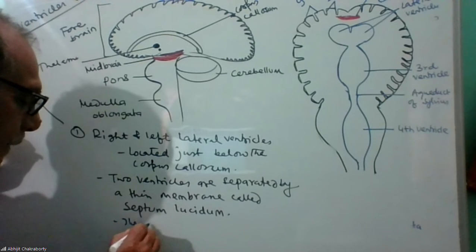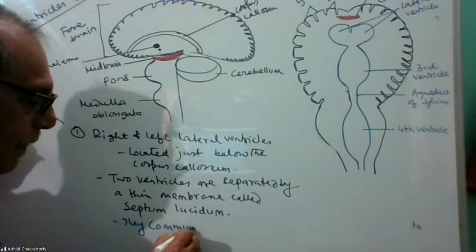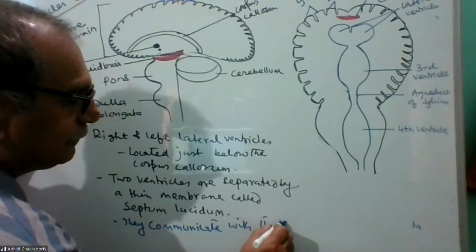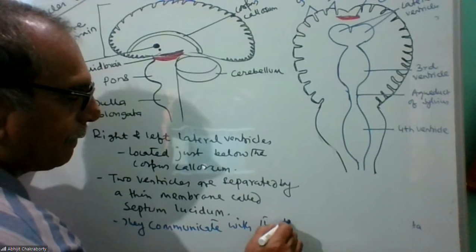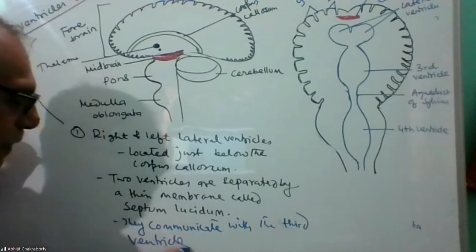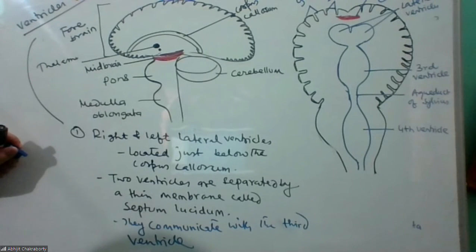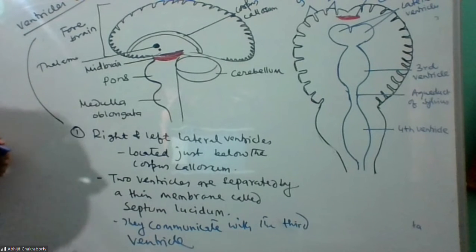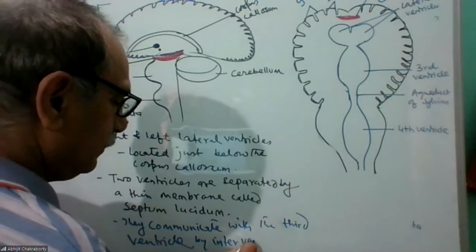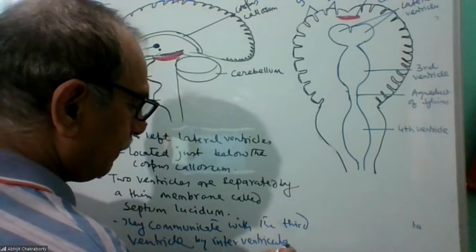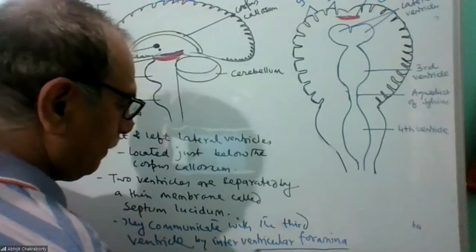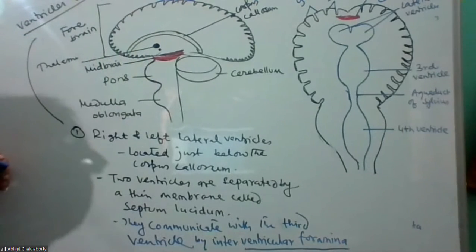They communicate with the third ventricle with the help of an aperture called interventricular foramina.